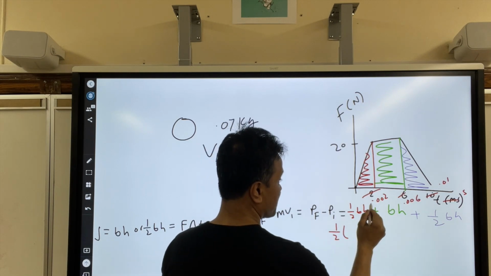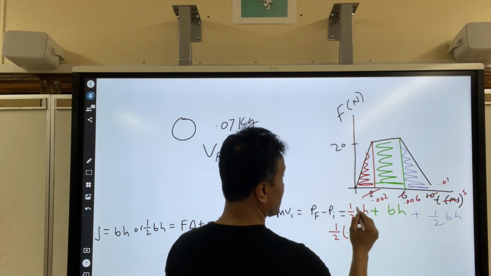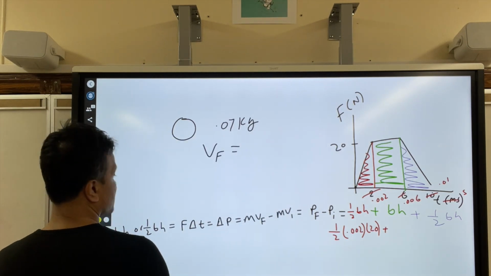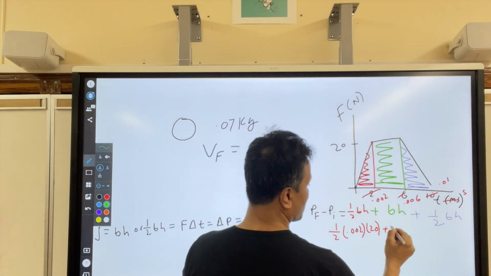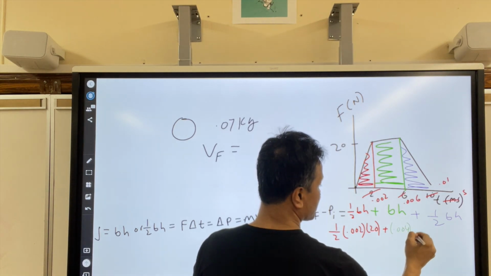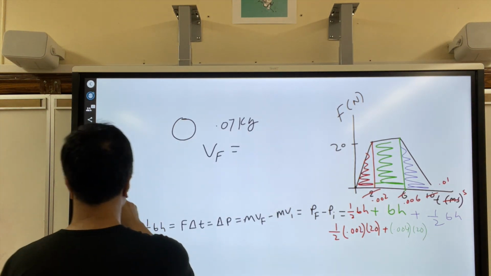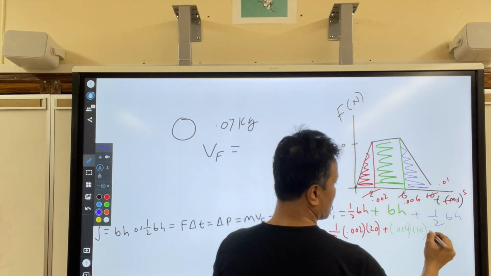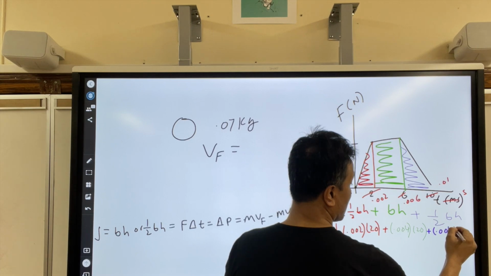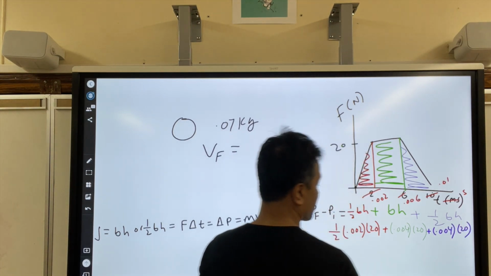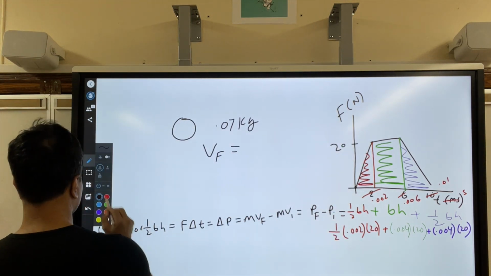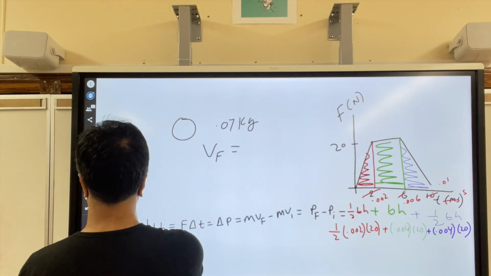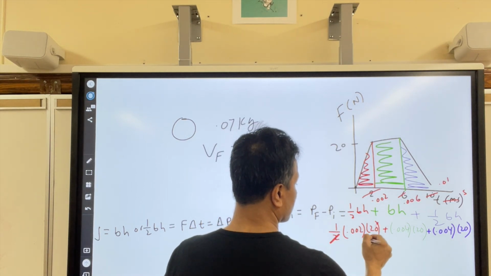So the base is 0.002, height is 20, plus base is 0.004, height is 20, plus base is 0.004, height is 20. 2 goes to 20 10 times.